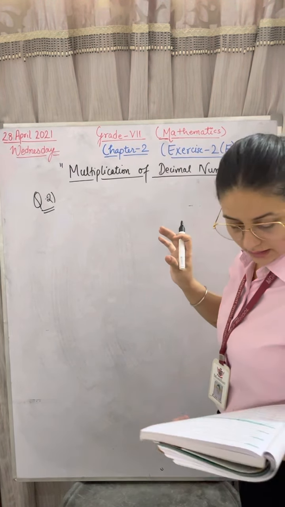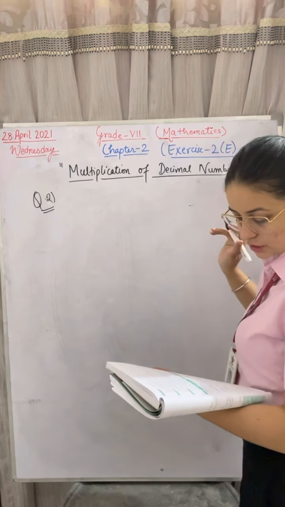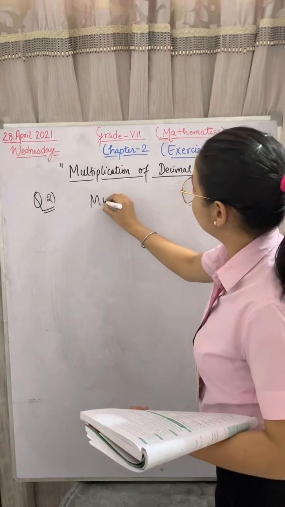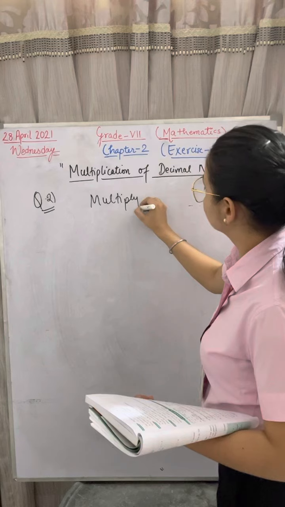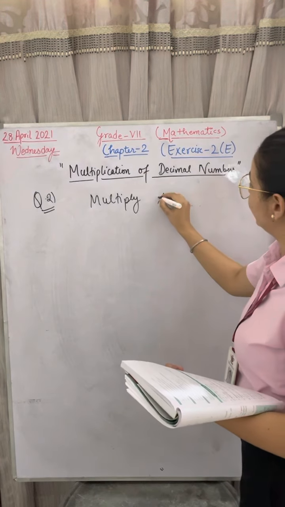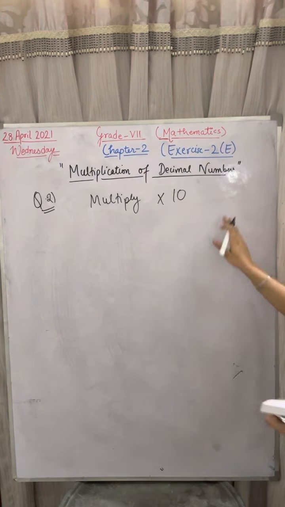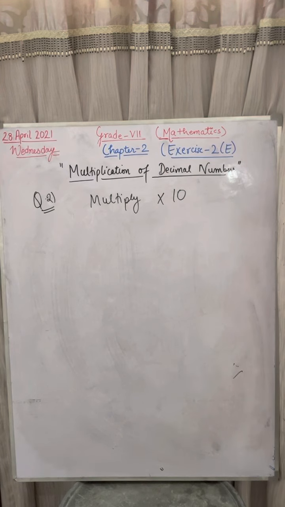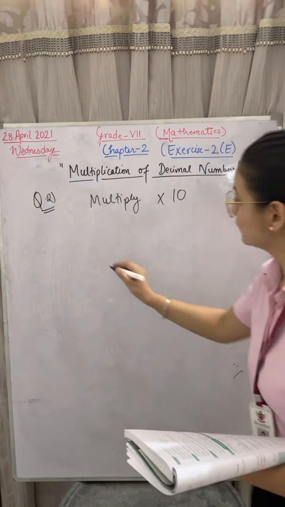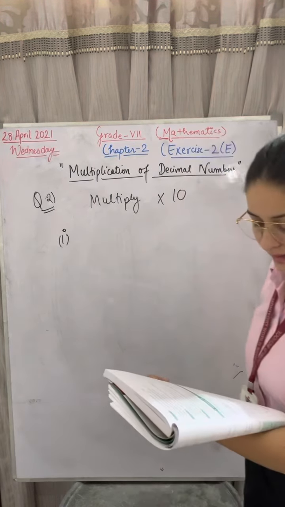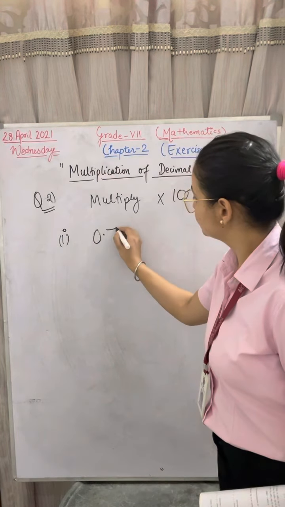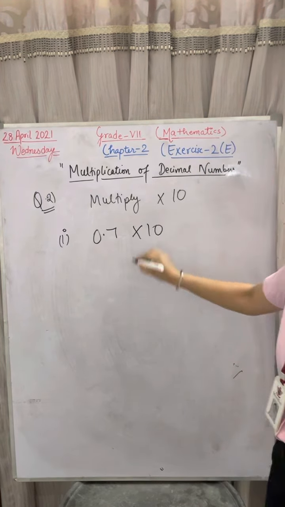Question 2. You have to multiply the second question with 10. Whatever decimals are given to you, you have to multiply with 10. It's very, very easy. Suppose in the first part I have 0.7. You have to multiply with 10.